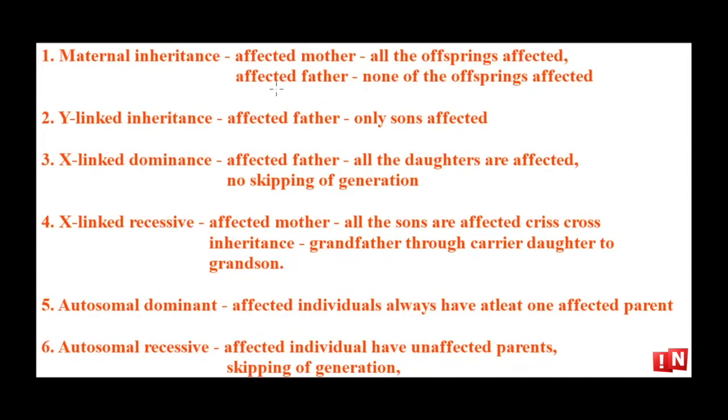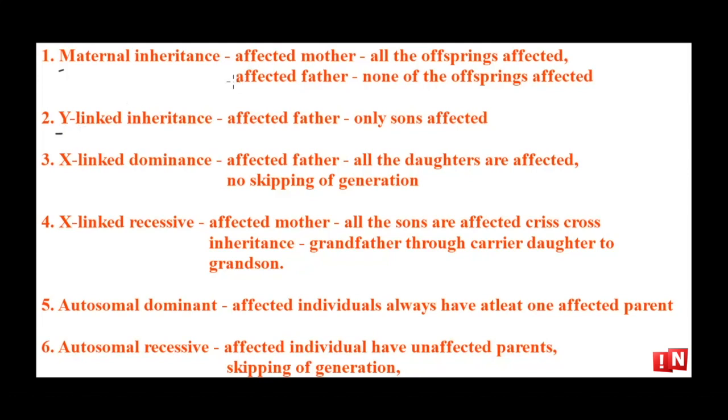Now what I always do is I go in this way, complete reverse way. I rule out, I eliminate one by one the inheritance patterns. The easiest ones to understand are maternal inheritance and Y-linked inheritance, right? Very easy to understand. So first look at the pedigree, see whether it is maternal or Y-linked.